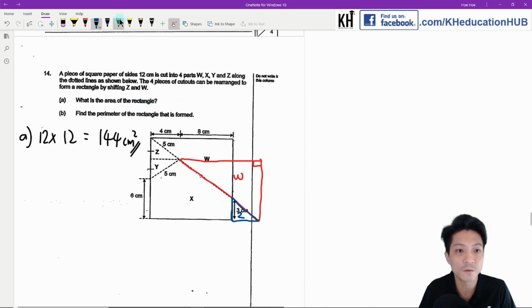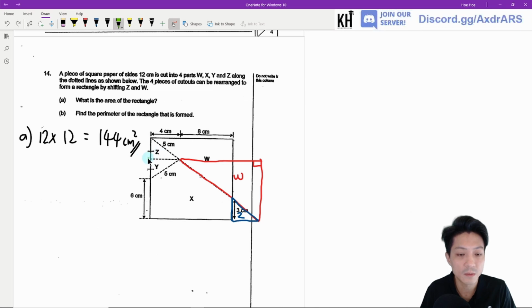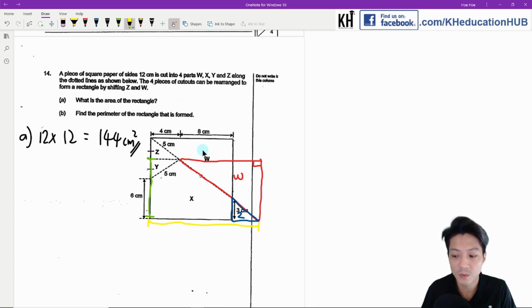Okay, so in order to find the perimeter of the rectangle, I'm just gonna find the breadth from here to here, okay, plus the length from here to here, and then I'm gonna times 2.